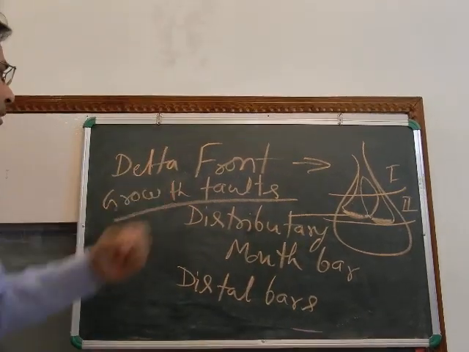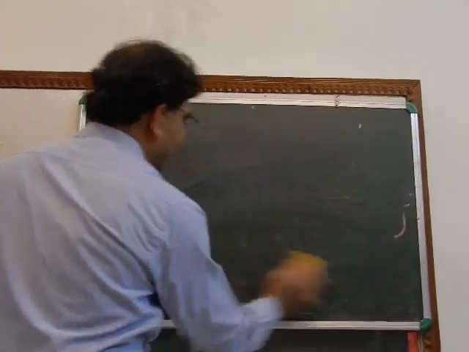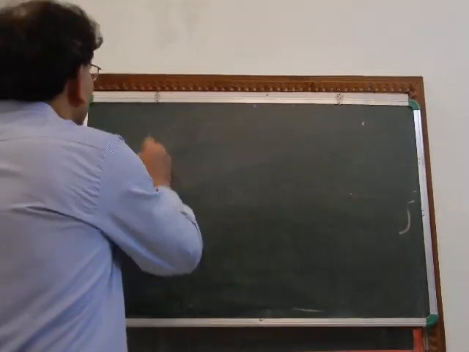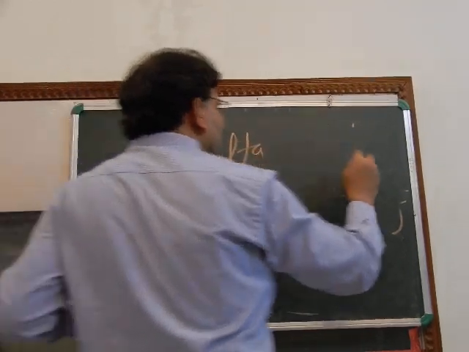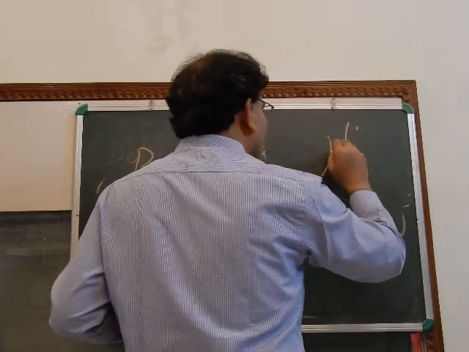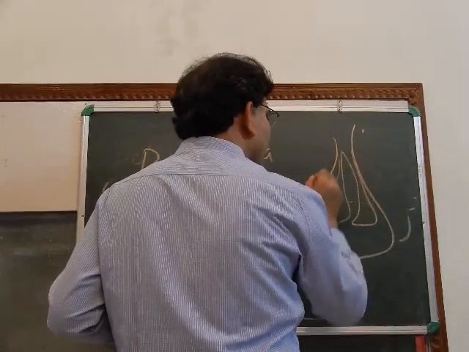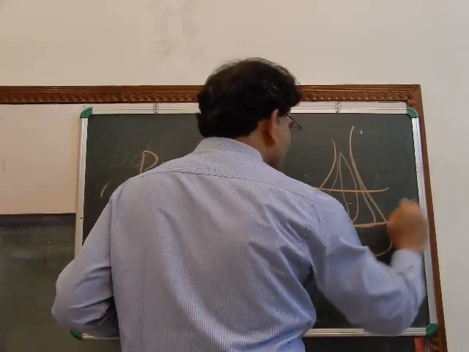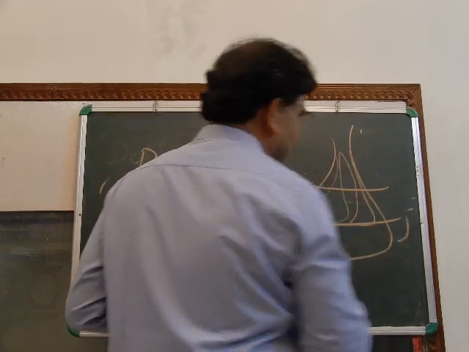Further towards the ocean from the delta front is the region of the prodelta. If this is the delta, this is the region of the prodelta or the bottom set.